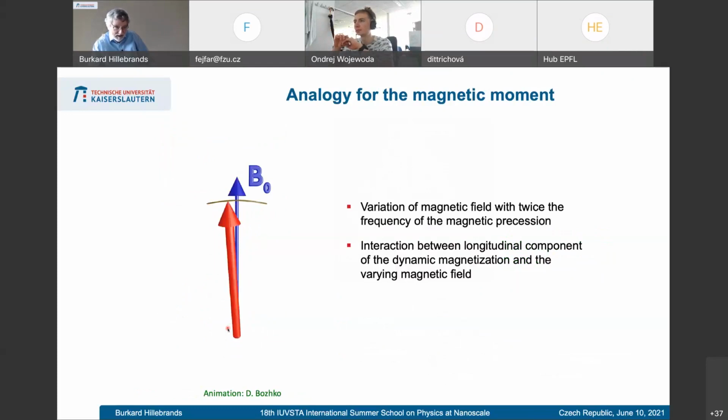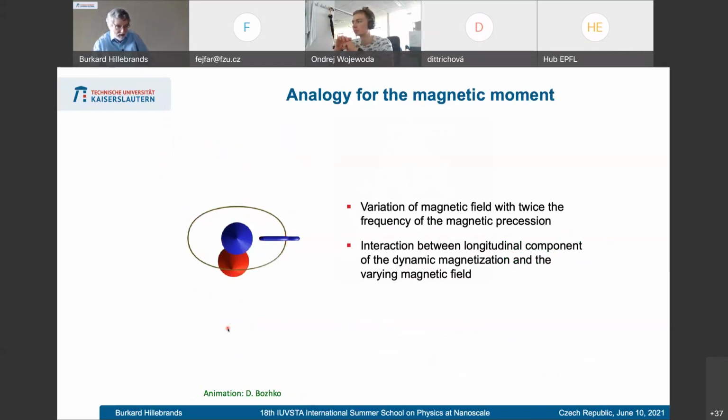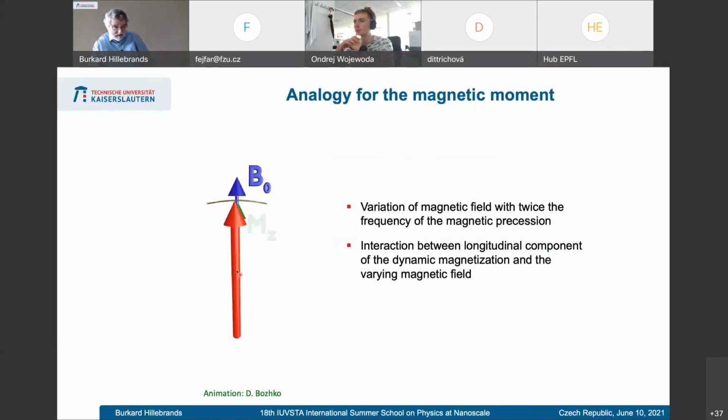So that is just a classical precession. Precession can be non-circular, it can be elliptic, like you see here. And if we have that, then you see that the Z component of the magnetization oscillates, and it oscillates with twice the precession frequency.